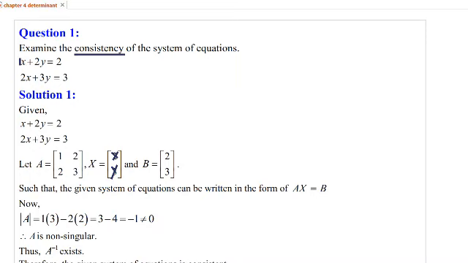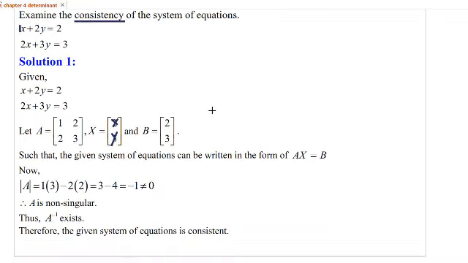Now what is the method of finding the consistency? I'll simply tell you the algorithm with the help of these examples. First of all, you make a matrix with the coefficients of x and y: 1, 2, 2, 3. Then you make a matrix X, which we call the variable matrix, and in the column we'll write these variables x and y.